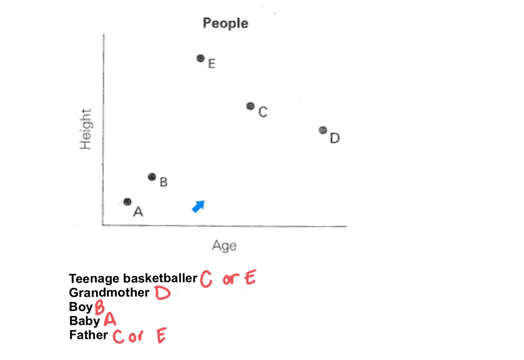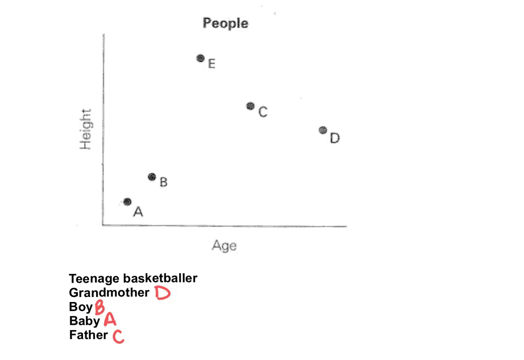So the farther to the right we go, the age gets older. And if we're comparing a teenage basketballer to their father, which one of these has to be the older person? The father. So C is going to be the father. And the teenage basketball player is going to be E.